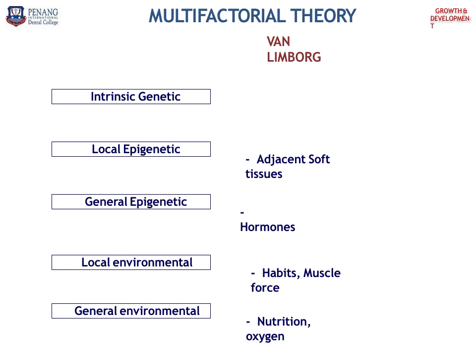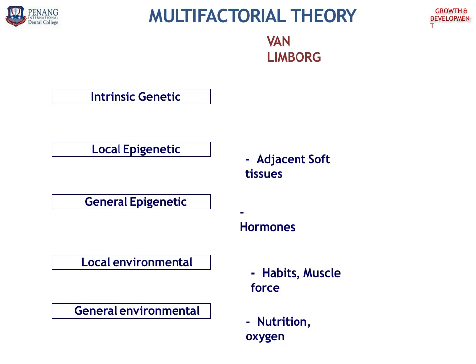Then we move on to the multifactorial theory by Van Limburg, where he states there are various factors which affect growth. Intrinsic genetic, of course, the genes are there. Apart from that, he says there are local epigenetic factors. Epigenetic means factors apart from genes but within the body.